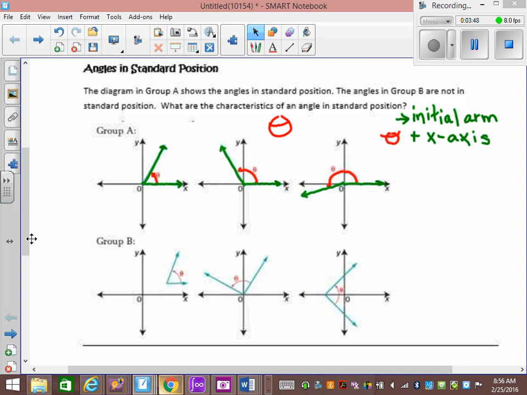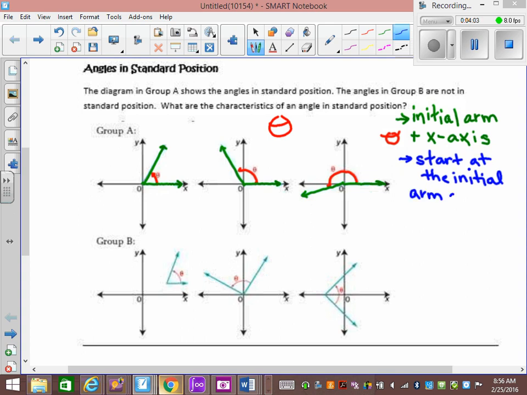So we always start, it's called the initial arm for a reason. We start at the initial arm and go to the final arm.